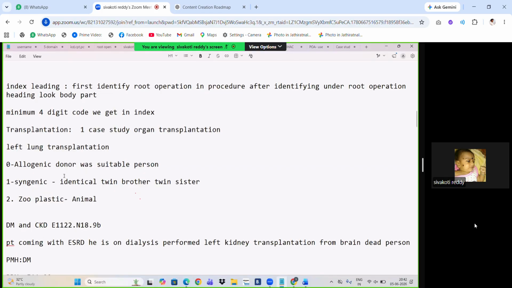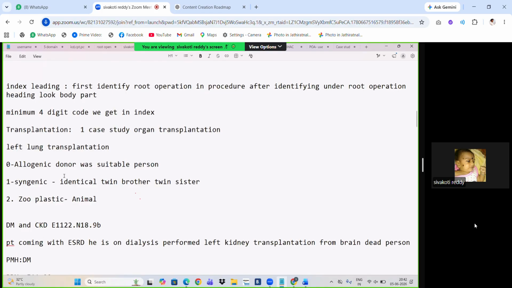It is very difficult to find a code without identifying the root operation. Compulsorily we need to identify a root operation. If you are not able to find the root operation, you don't get the code. Clear?